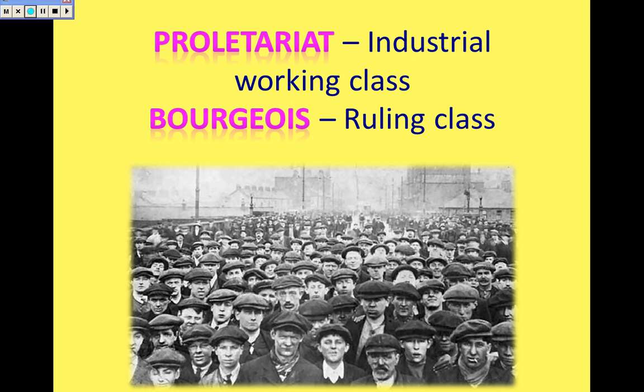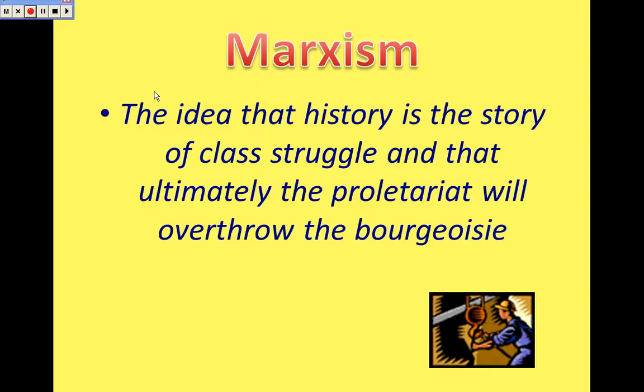So under Karl Marx's interpretation, the bourgeois would be the industrial owners, the capitalists who are making a profit off of all of these people whose lives really sucked based on what we saw with the Industrial Revolution stuff the other day. So the proletariat would be the industrial workers. The bourgeois, they're the ruling class.